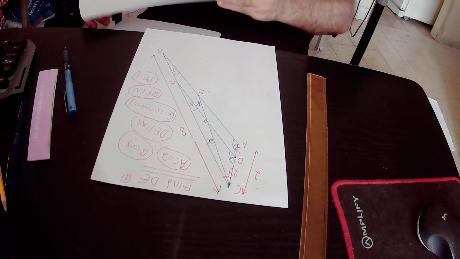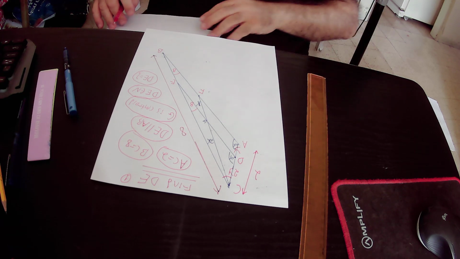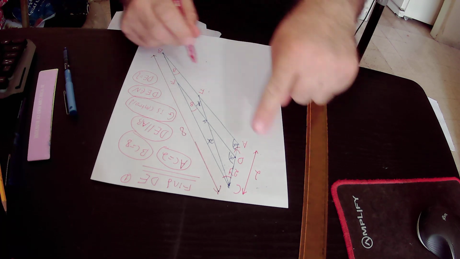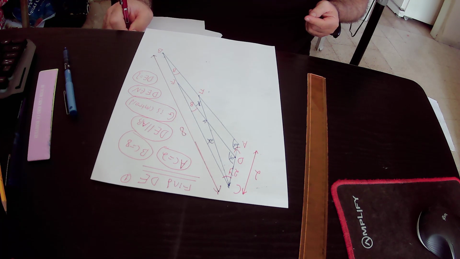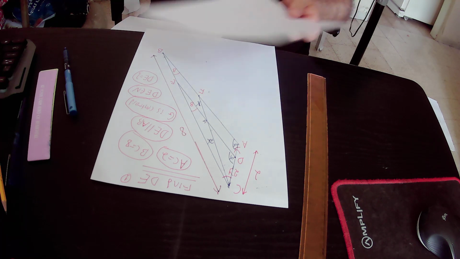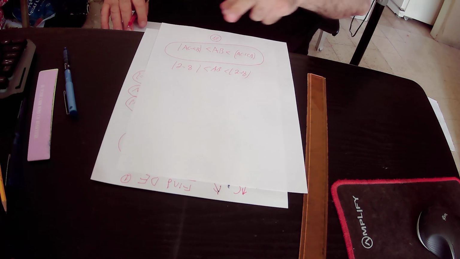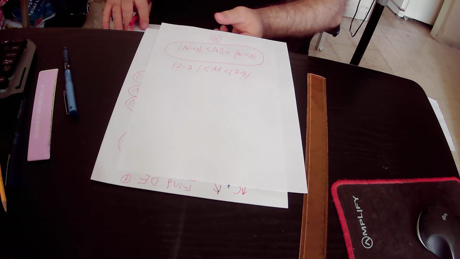Okay, but we also know that CA equals 2 units, or AC equals 2 units, and CB equals 8 units. So we will get that AB is bigger than the absolute value of 2 minus 8, and it is smaller than 2 plus 8.